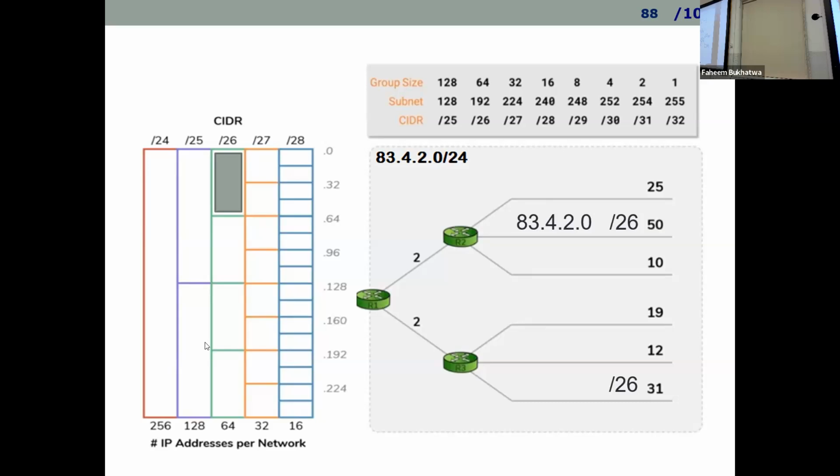Because for every network, if they tell you we need 5 machines, don't forget you give them 2 more. You have to give them 7 addresses, because there's an address for identification and an address for broadcast, so still 8 addresses.